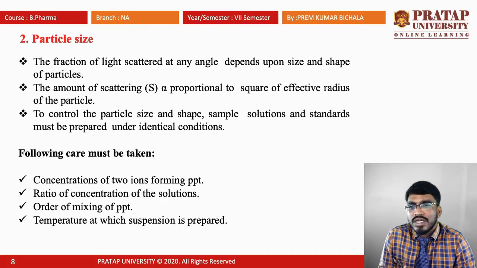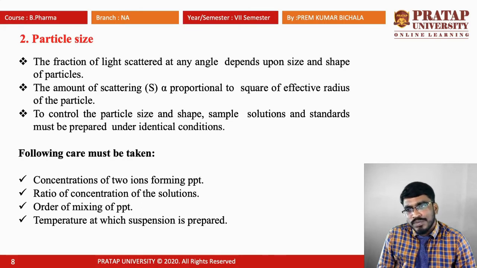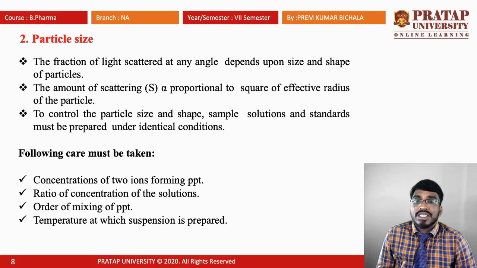The second factor is particle size. The fraction of light scattered at any angle depends upon the size and shape of the particles. The amount of scattering is proportional to the square of the effective radius of the particles. To control the particle size and shape, sample solutions and standards must be prepared under identical conditions.